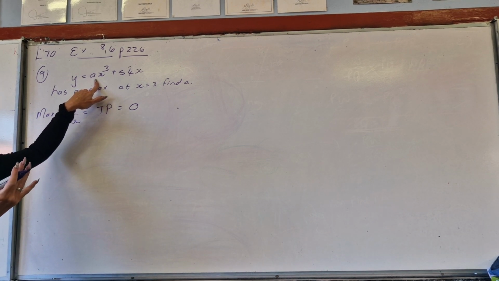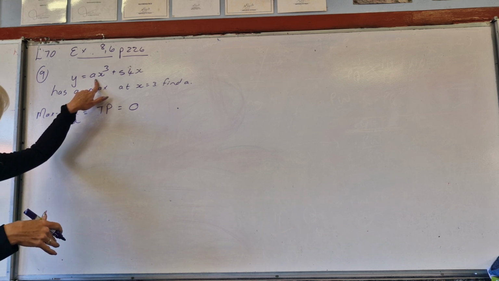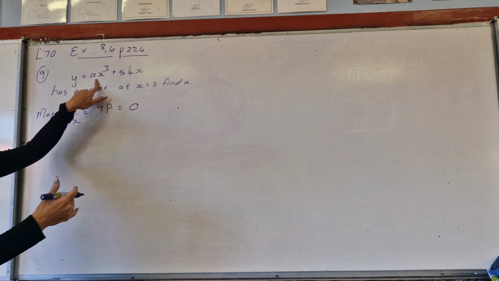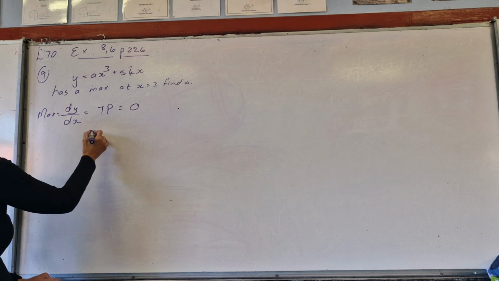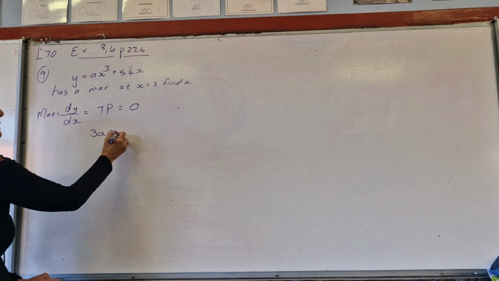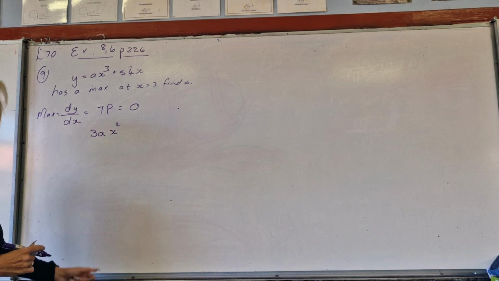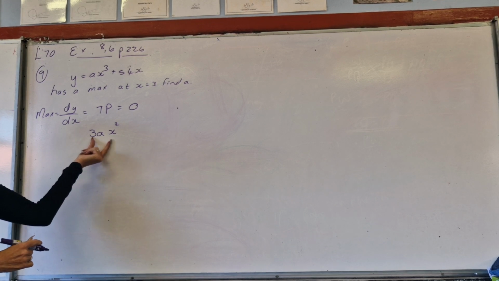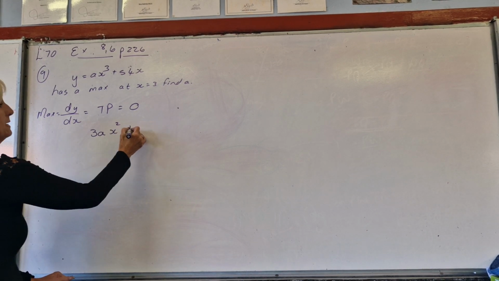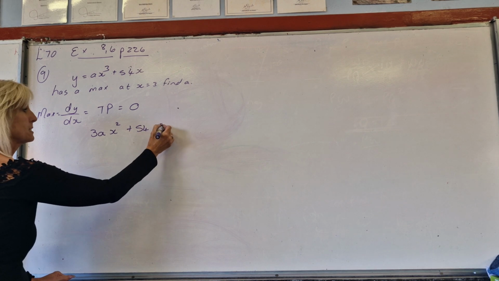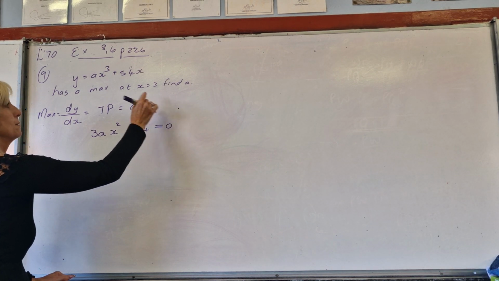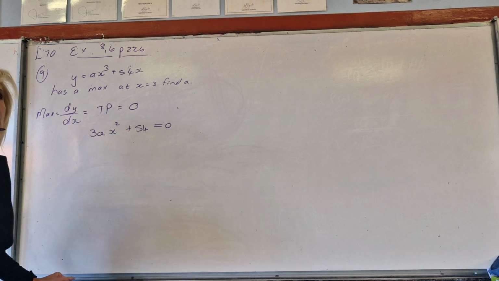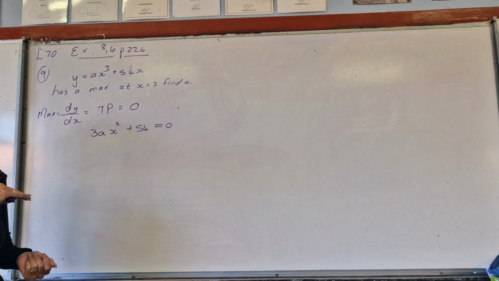3a. How can I do that? a is a number, right? I don't know what it is, I'm going to find it, but I'm going to find it by saying the derivative is 3 times the a and take away 1 from the exponents. So I don't know what the a is, but that's the coefficient now. And then plus 54 must be equal to 0 because it's a turning point, a local maximum or a local minimum.